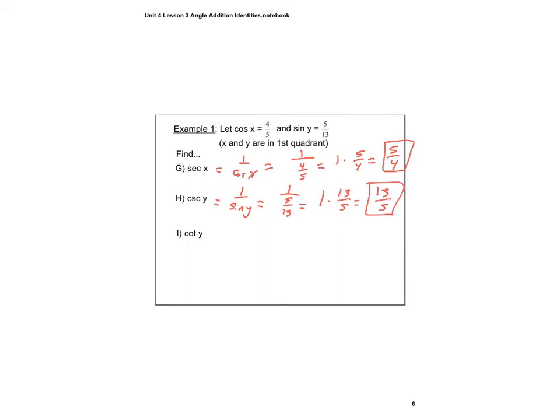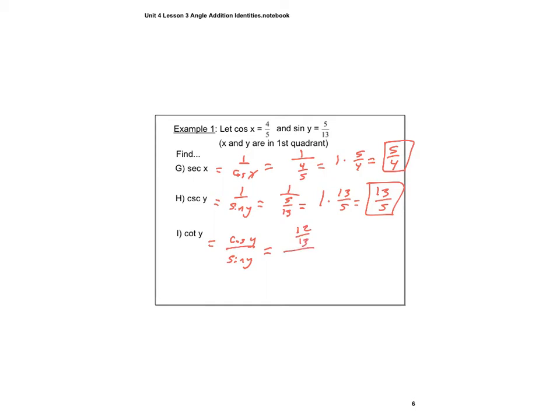All right, cotangent of y. So cotangent is the cosine of y over the sine of y. Well, what's the cosine of y? We found that on the last page, and we found that to be 12/13.